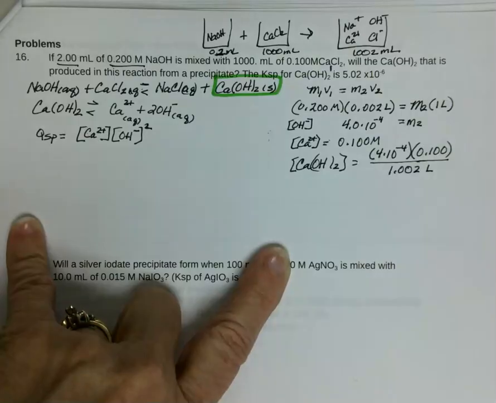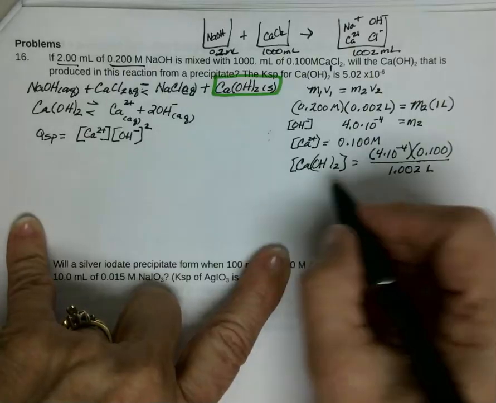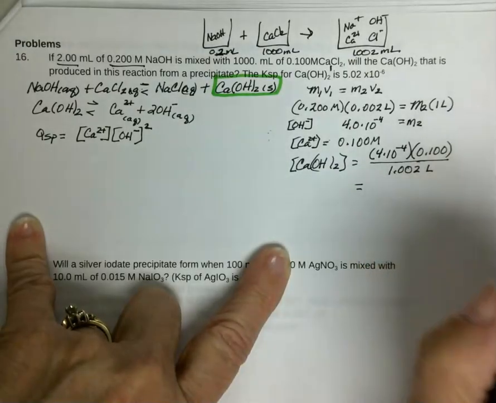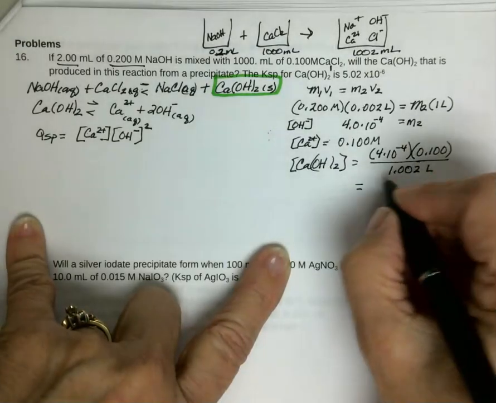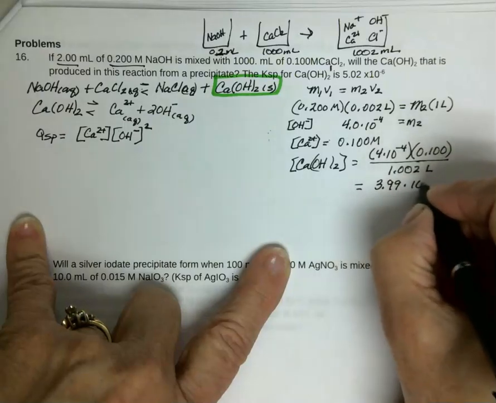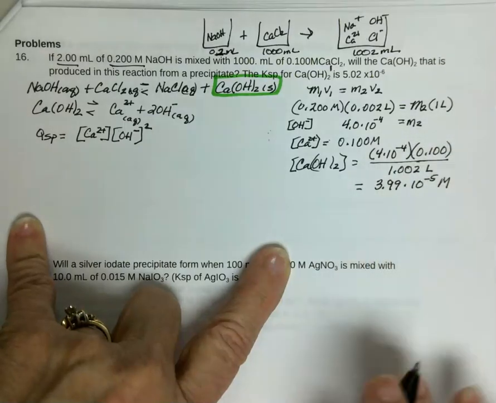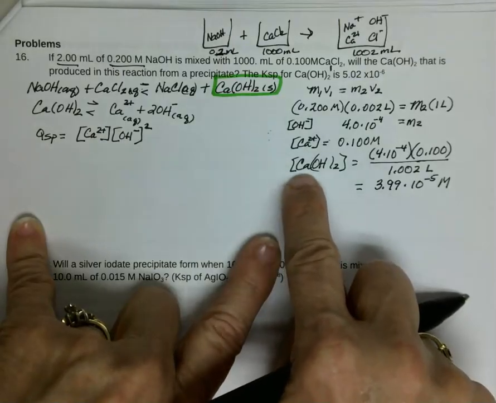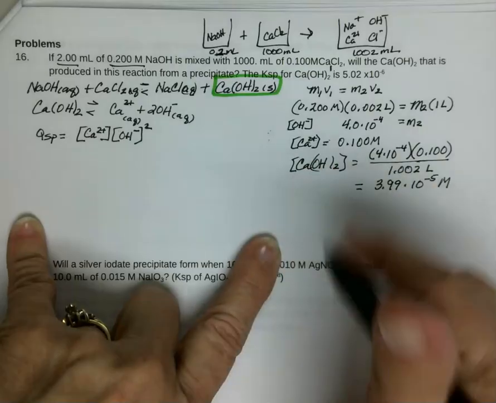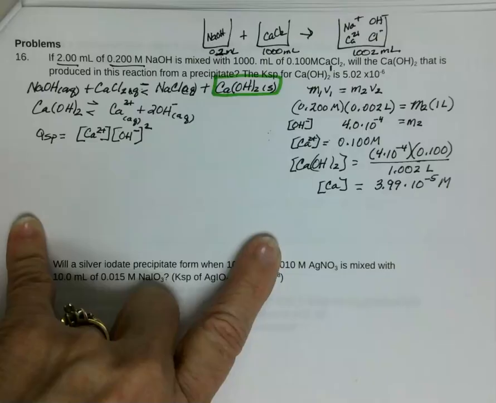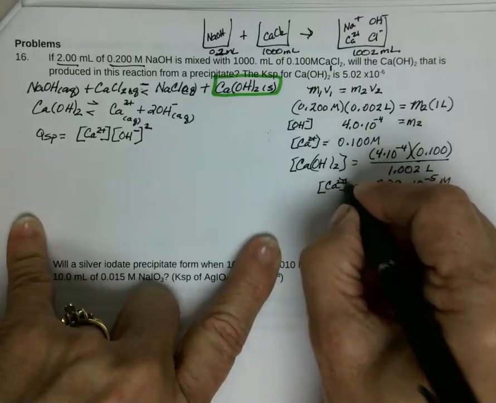So move your decimal over. Okay, and run those numbers. And I got, and you probably need to check my math all the time to make sure I'm right, but I got 3.99 times 10 to the negative 5 molar. Now, again, since there is 1 calcium per calcium hydroxide, this also becomes my calcium's molarity.